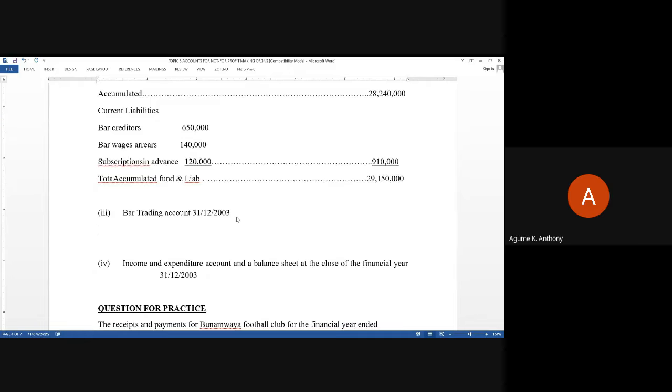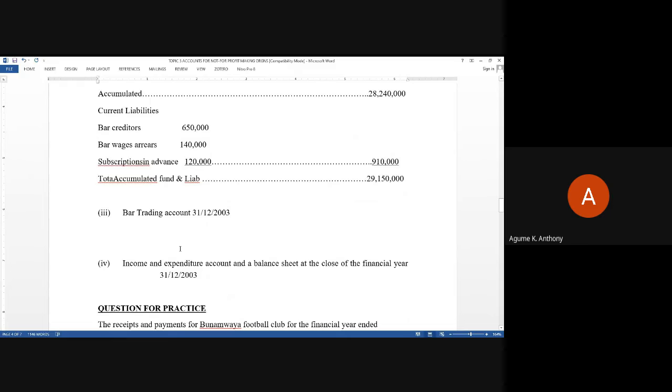And if there are any operating expenses which relate to the bar, they must be charged particularly in the bar trading account. If the expenses do not relate to the bar, then they will go to the income and expenditure account.